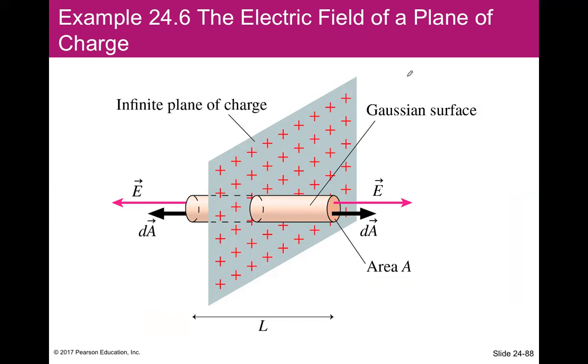So first of all, if you have a plane which has uniformly distributed charges, what's the direction of those field lines? Let's say it's a positively charged plane. What's the direction of your electric field?